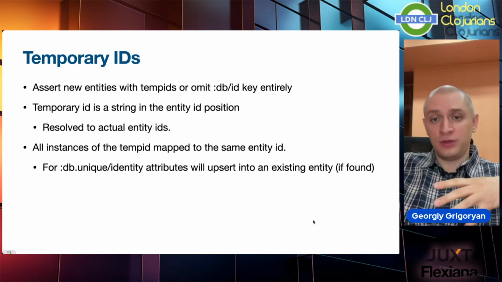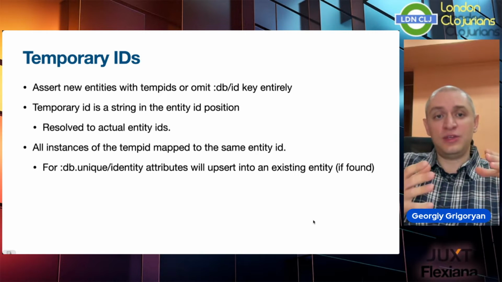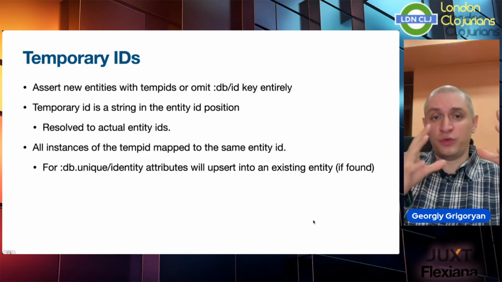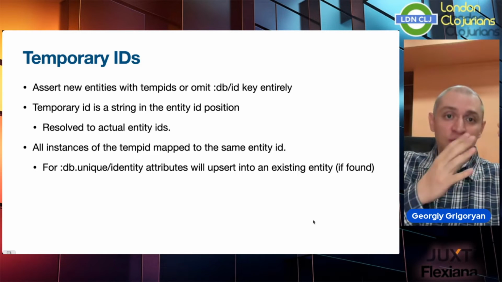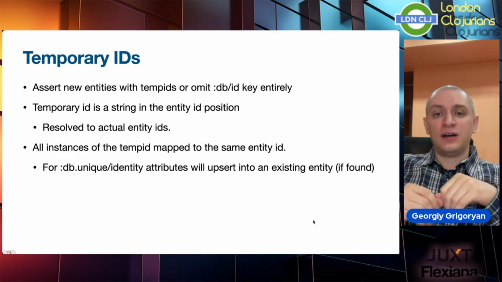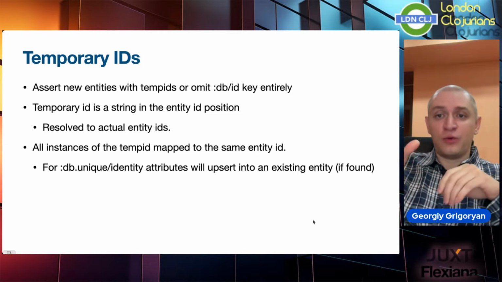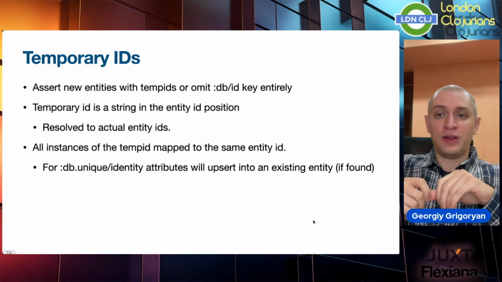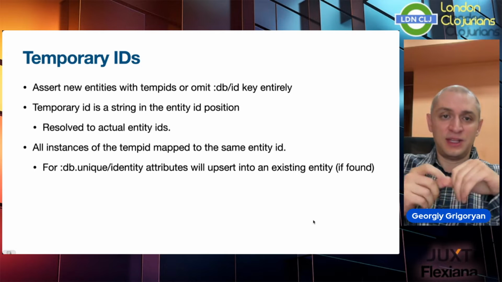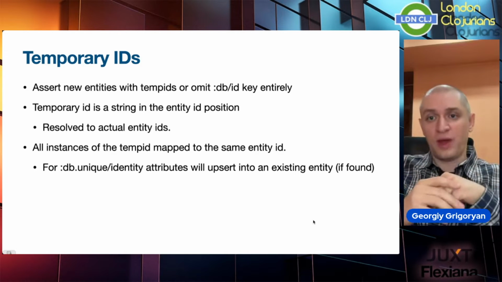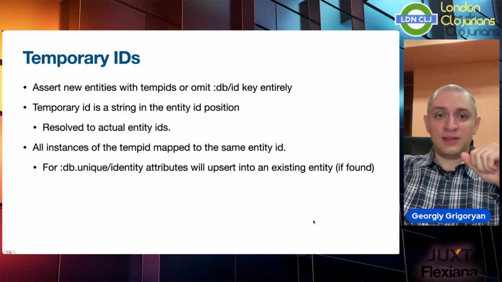And also upsert is supported. So if you define some attribute to be a DB unique identity, and then that's found in the current value of the database, the temp IDs that map to that will all upsert into that entity.